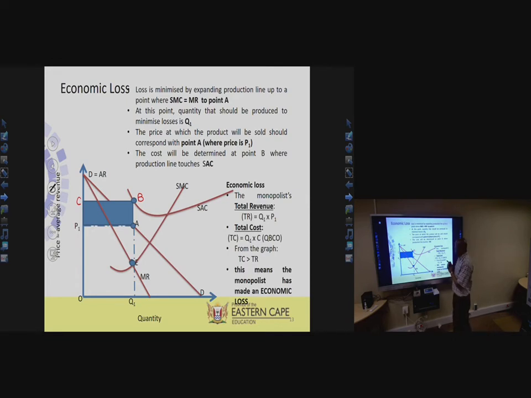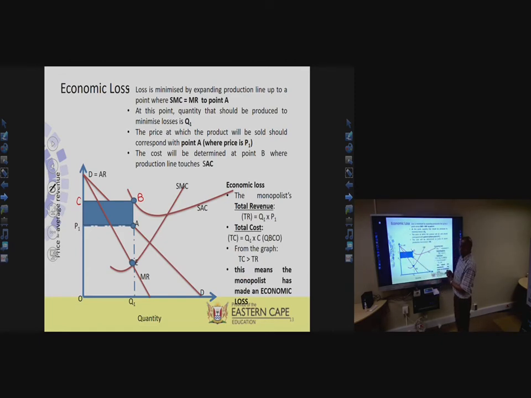Your marginal cost, marginal revenue, we've got that in point E. Then, at this point, the quantity that should be produced to minimize the cost is Q1. And then it gives us the quantity.